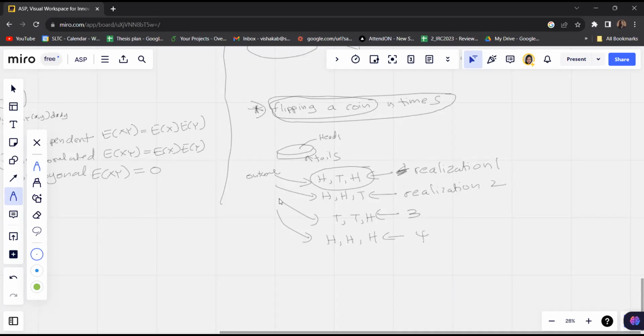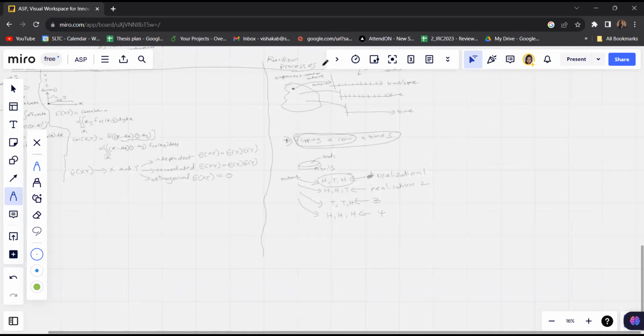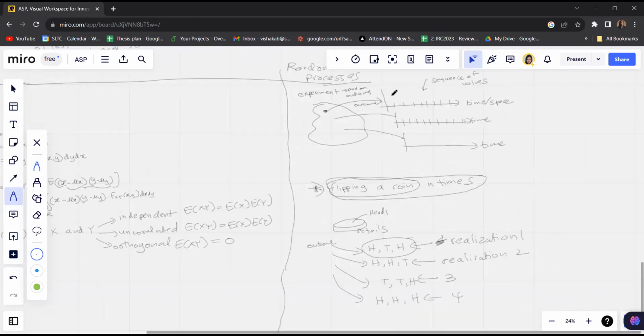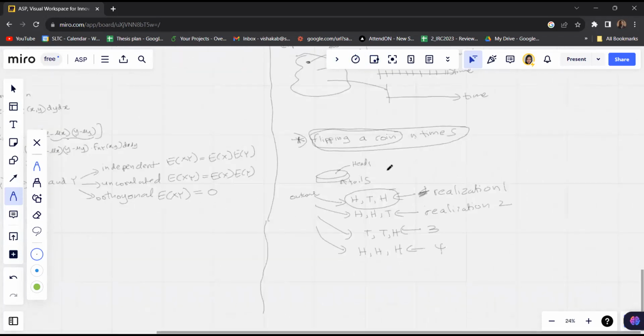In our day-to-day lives, we are working with these kinds of sequences of numbers, right? Most of the time we don't stop after getting one outcome. Our outcomes keep coming for a certain time duration or for an infinite time duration.